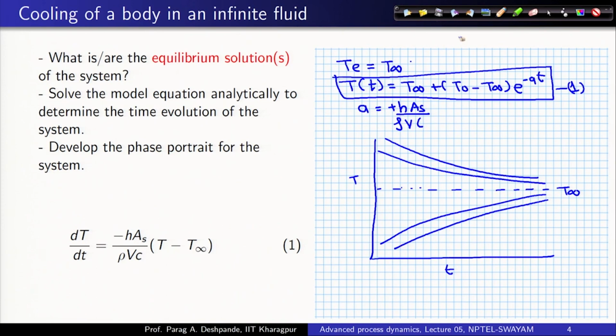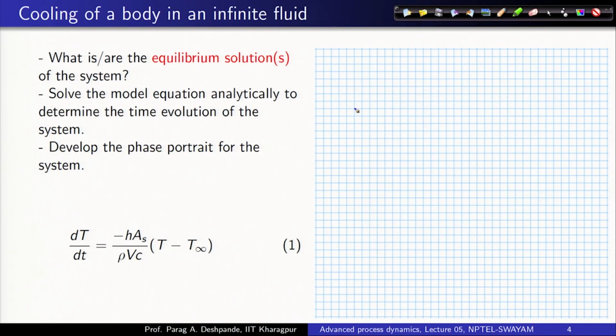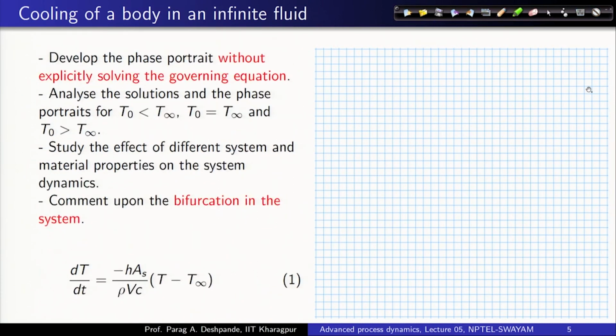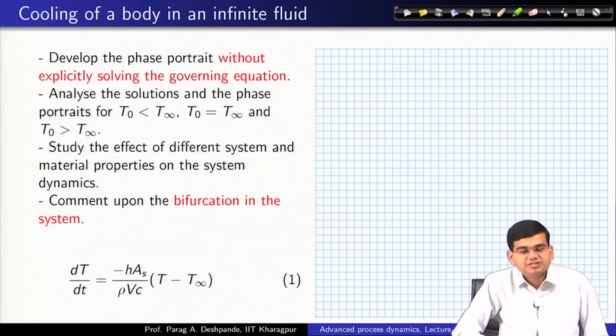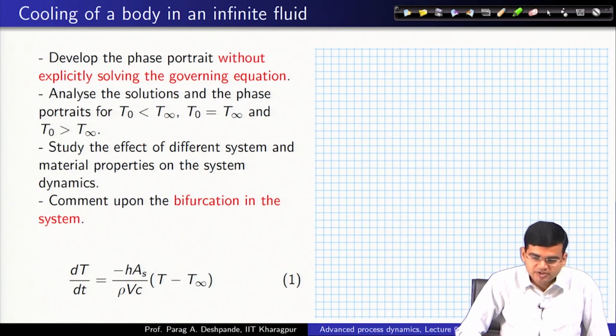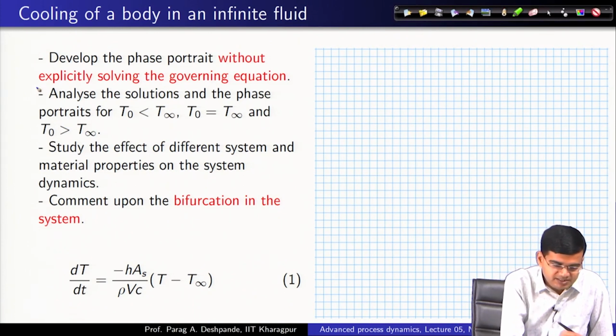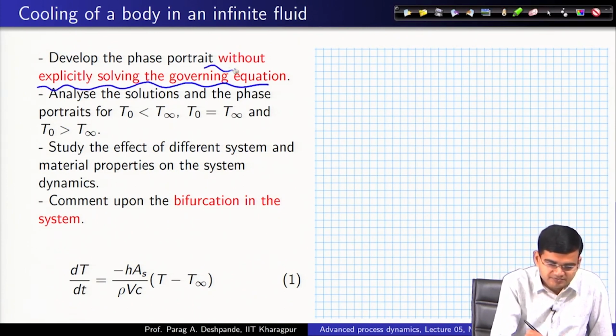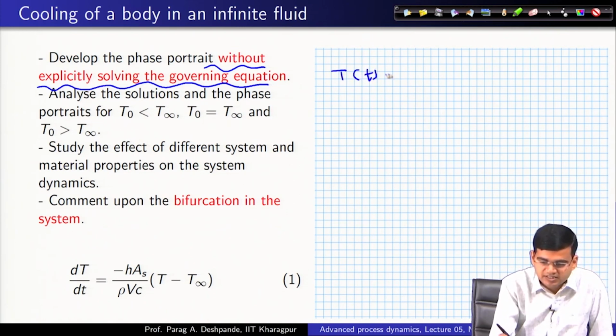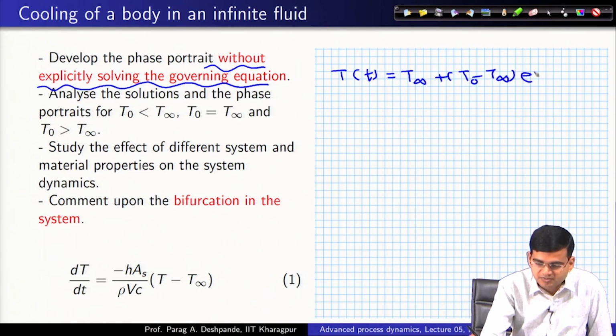So, let us continue our discussion. Now, we are asked to develop the phase portrait without explicitly solving the governing equation. This is important. In the previous case, we did solve the governing equation, writing T of t equals T infinity plus (T0 minus T infinity) e to the power minus a t.